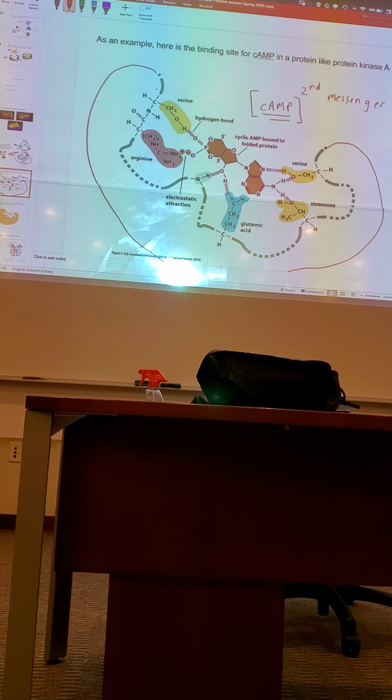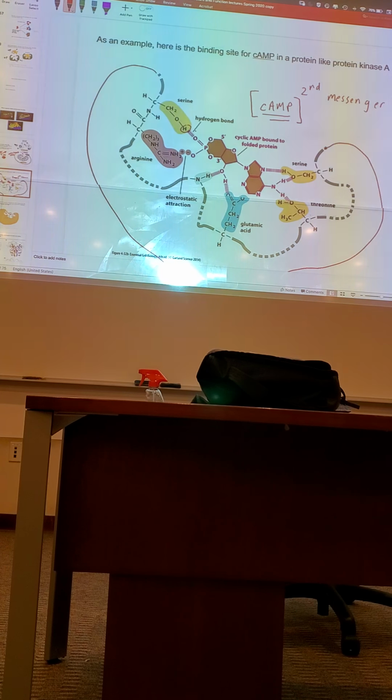If we look at the active site or the binding site for cyclic AMP in protein kinase A, we saw on the last slide that there was a serine. Well, here it is with its hydroxyl group. And notice that this is a hydrogen that's covalently attached to an electronegative atom with another electronegative atom nearby. And so that's our definition of something that can form a hydrogen bond.